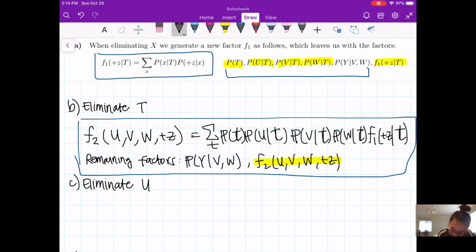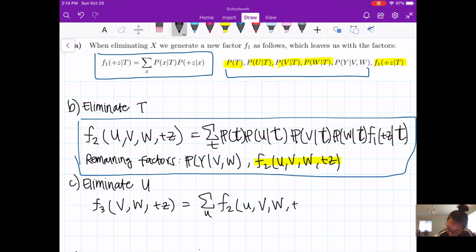So that's why the factor f3 will be everything from f2 but the u, because we want to get rid of the u. And that would just involve summing over all the possible values of u of f2, with lowercase u, v, w plus c.